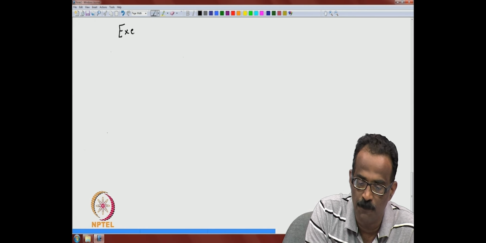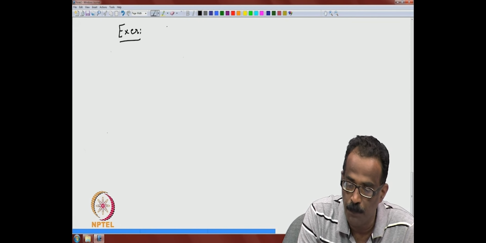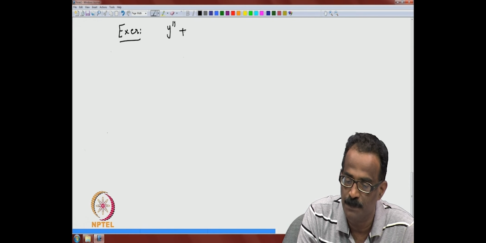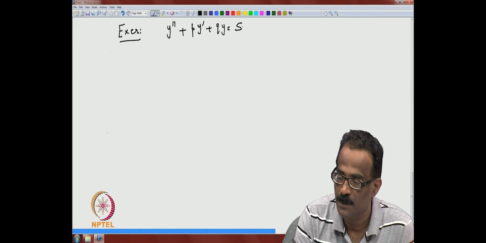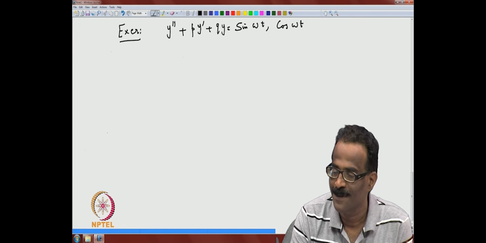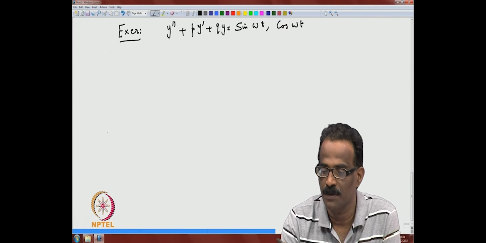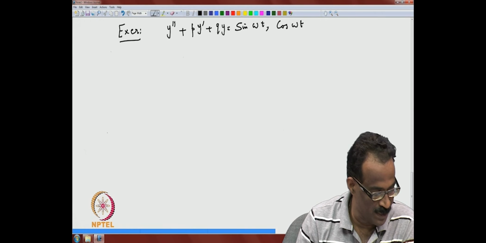I will leave it as an exercise for other types of input functions or forcing functions. Say, for example, suppose you have sin omega t or cos omega t. You can actually determine the solution of that form.